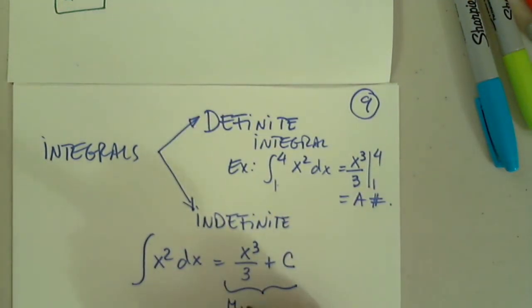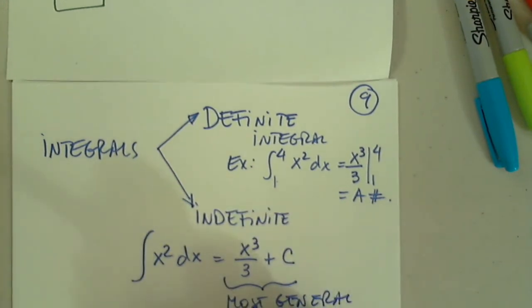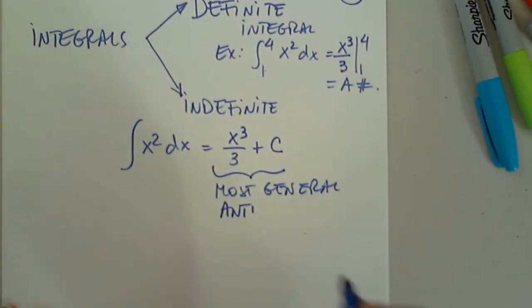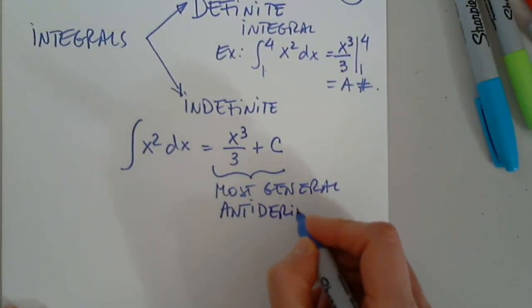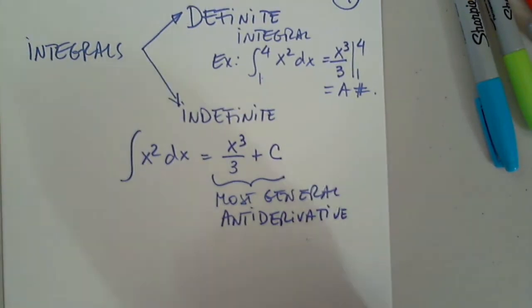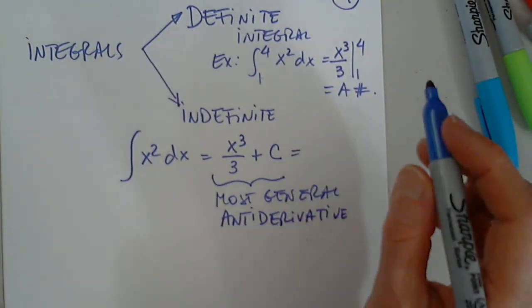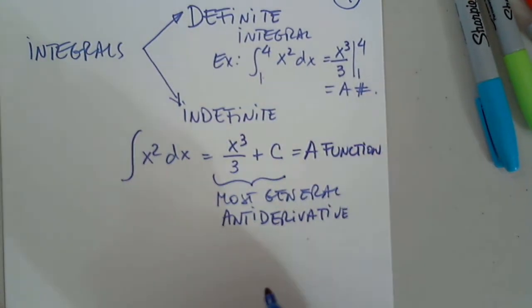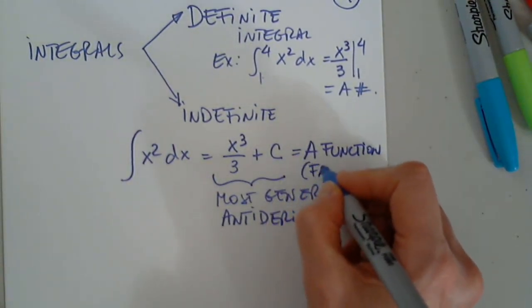This is the most general antiderivative. And this is never a number, it's a function, or to be exact, a family of functions.